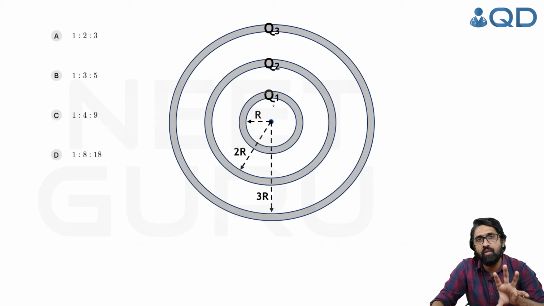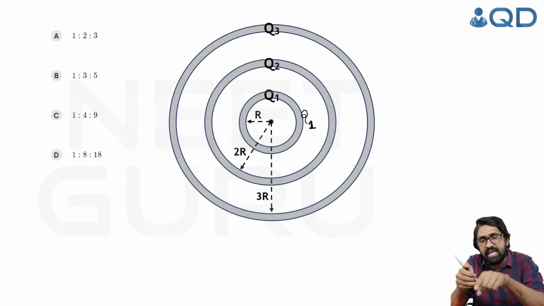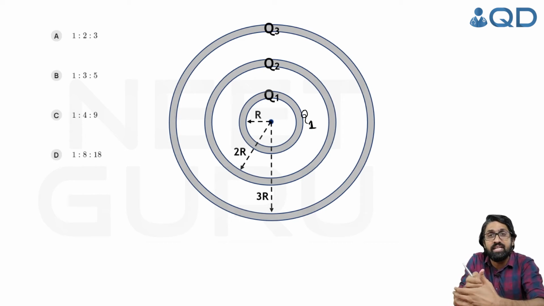All the charge on the innermost shell will rest on the outer surface of it, and that will be q1 charge here on the outer surface of the first, or innermost, shell. Now, the q1 charge on the outer surface of the innermost shell will draw an equal and opposite charge to the inner surface of the second shell. That is by electrostatic induction.